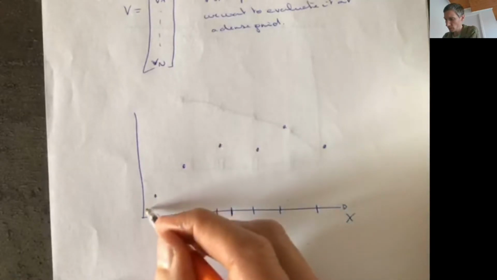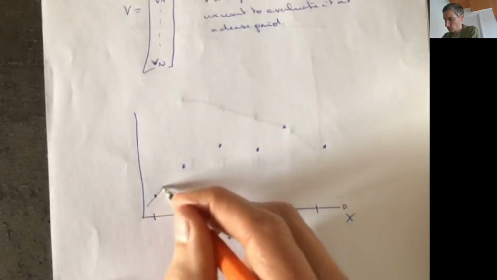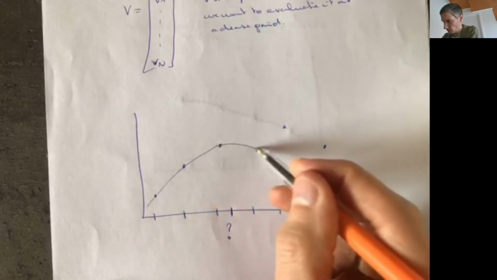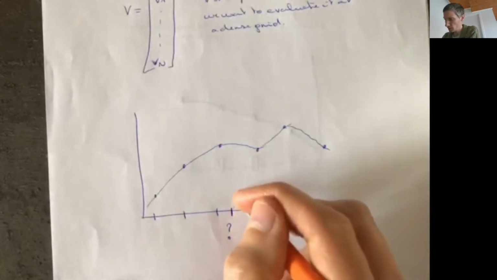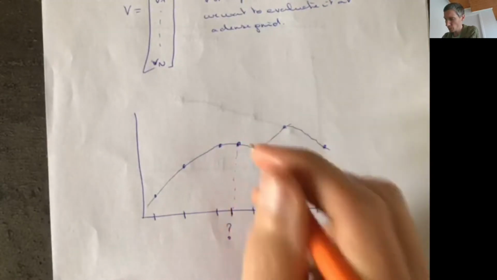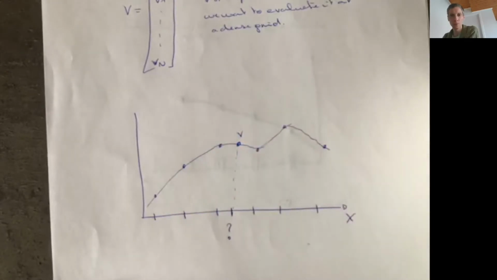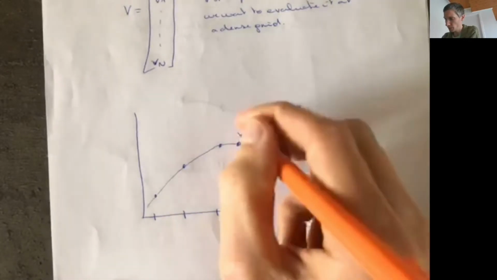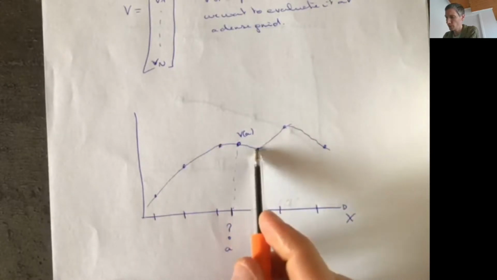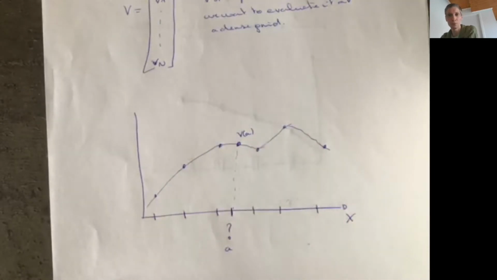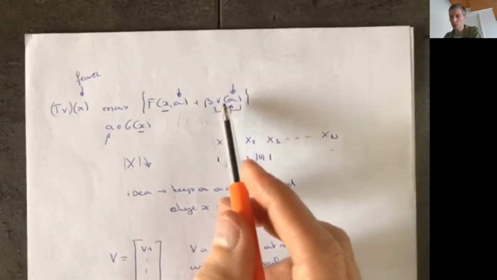So what do you do normally? Well, you draw somehow a function through all these points, right? And then you say, okay, at this value a, my v of a will probably be between this point that I know and this point that I know, right? Some interpolation between these 2 points. Okay, so that's what we're going to do.